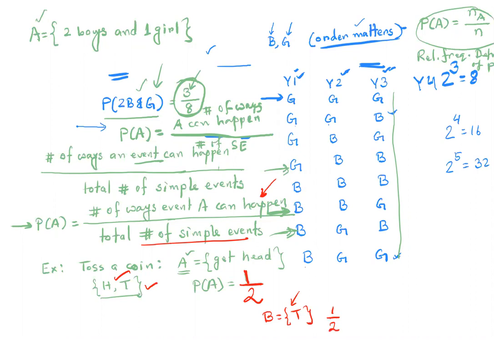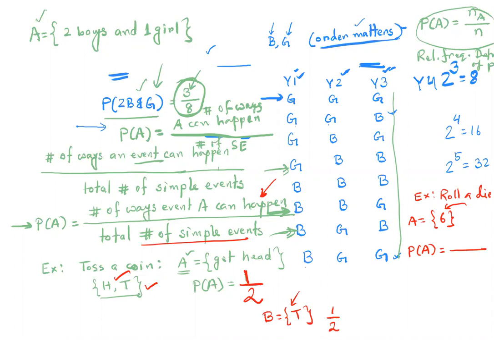Now let me give you another example, which is roll a die. Let's say your event A is getting the number 6. So your probability of event A is going to be number of ways this event A can happen. But event A is a simple event, right?